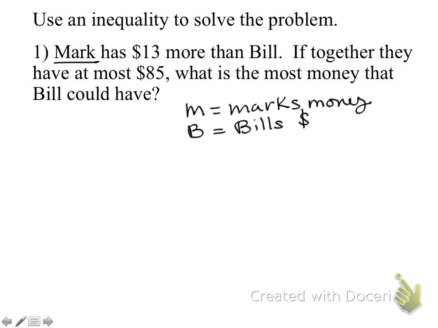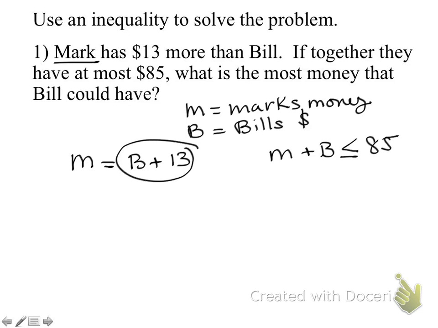So Mark has $13 more than Bill: M equals B plus 13. Okay? And then the other equation would be M plus B is what? Less than or equal to 85.